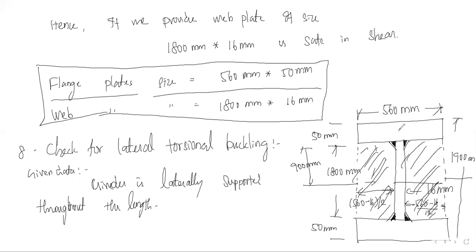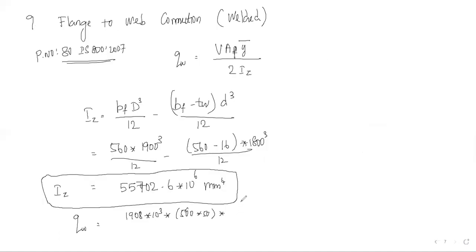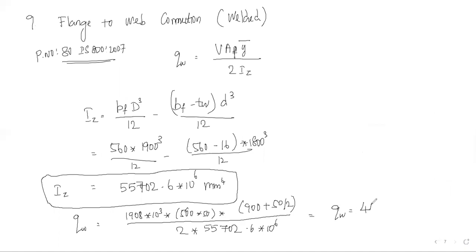The centroid of the flange is here, so this height is 50 divided by 2. So I am going to write 900 plus 50 divided by 2, the whole divided by 2 into I Z, 5702.6 into 10 to the power 6. So that QW value is equal to 443.6 Newton per mm. So this is our strength of weld.